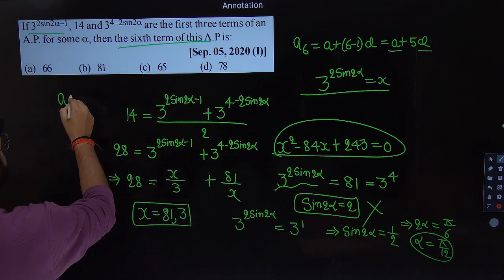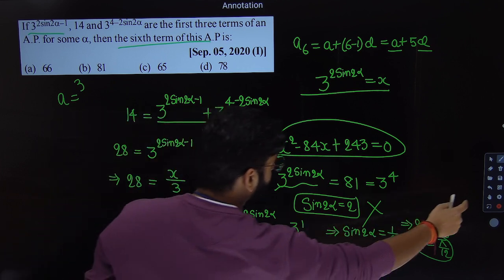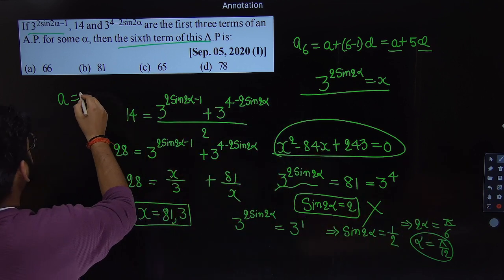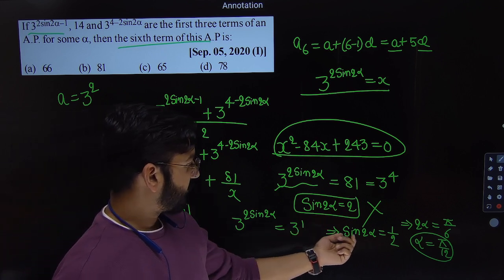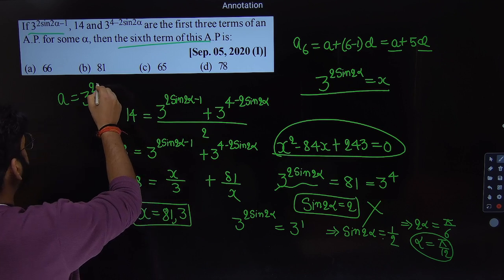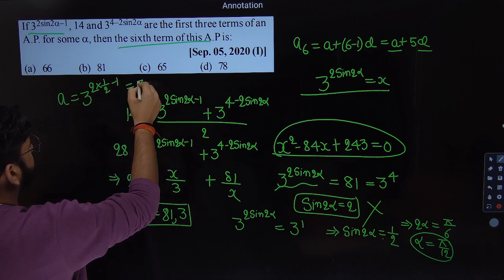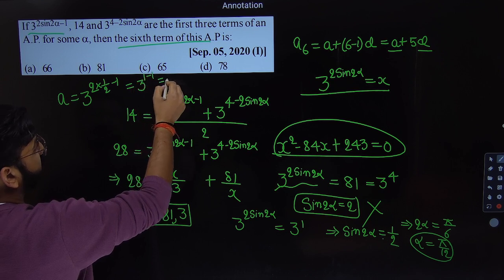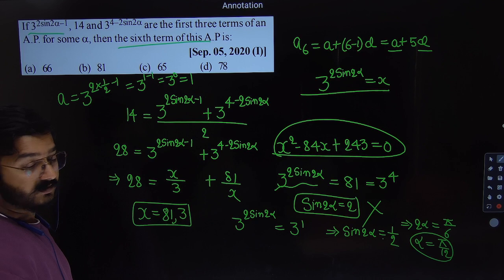So first term is 3 to the power 2 times sine 2 alpha. So sine 2 alpha is how much? 1 by 2. So 2 into 1 by 2 minus 1. So what is the value? 3 to the power 0. So what is the first term? 1.